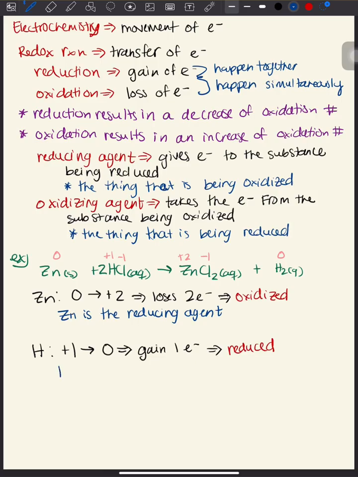Similarly, hydrogen is the oxidizing agent. So hydrogen is gaining an electron, which means it is taking that electron from somewhere else, which is causing zinc to be oxidized.